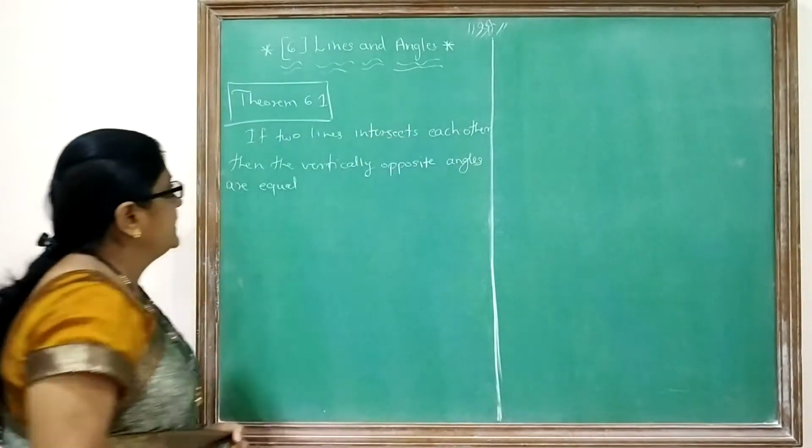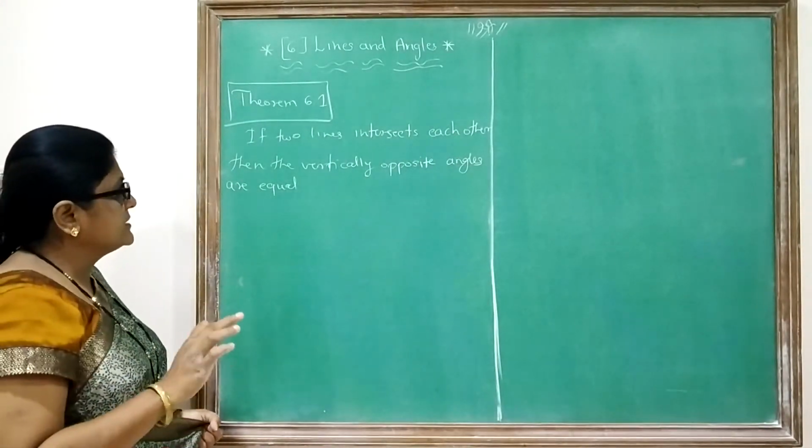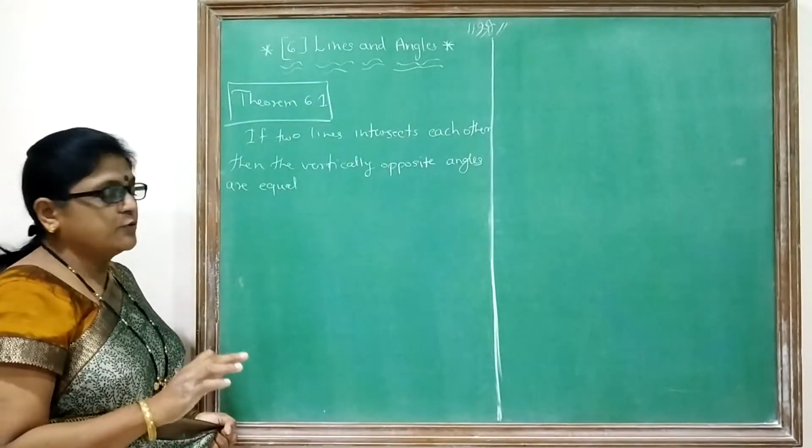Then what is your heading? If two lines intersect each other, they form vertically opposite angles.